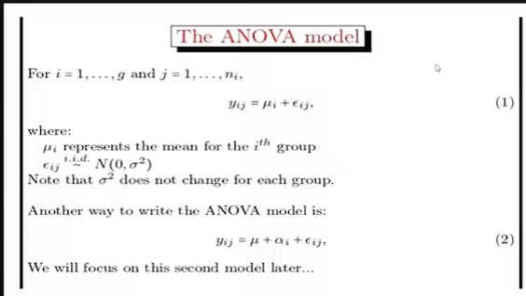Now, this model is one way. Why is it one way? Because we are only considering one factor. That is why it is called one way. If I go from one factor to two factors, that would be two way. I can also have three ways, four ways, and so on.